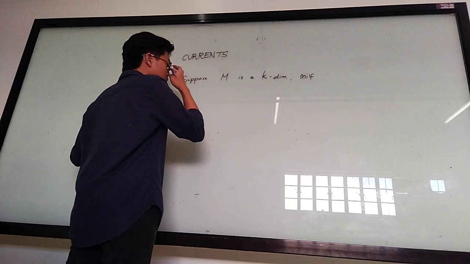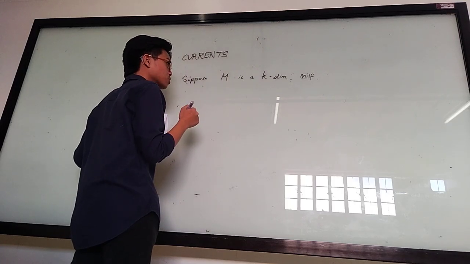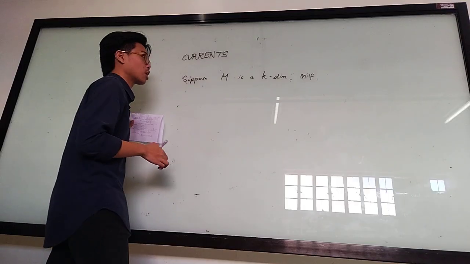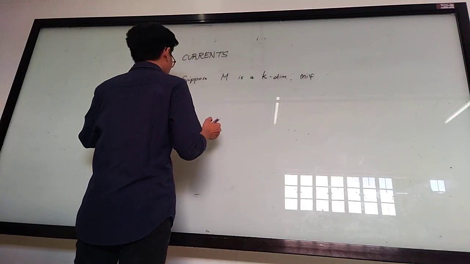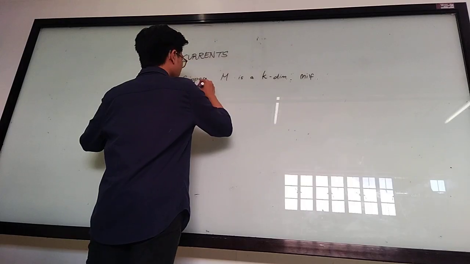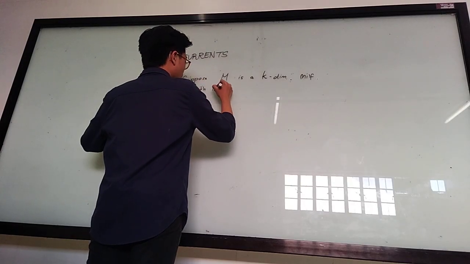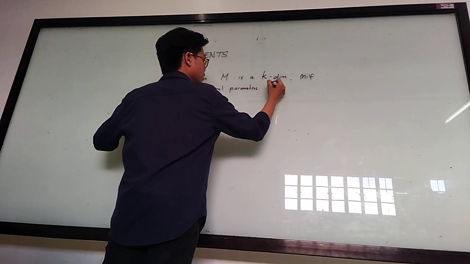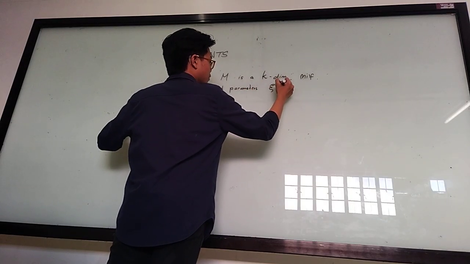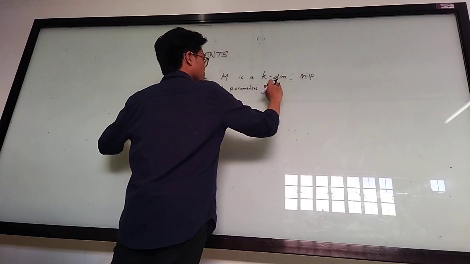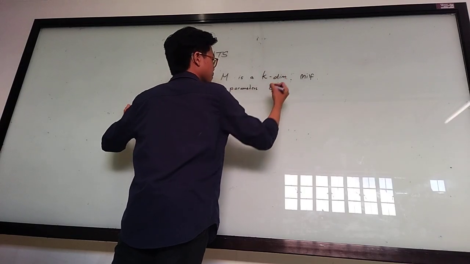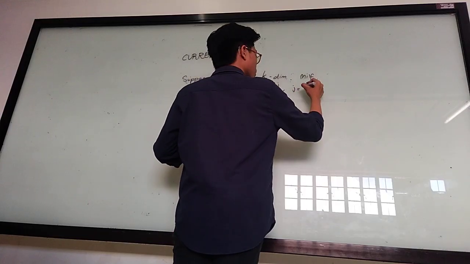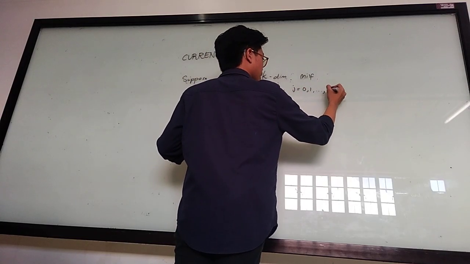So essentially, instead of only tau and sigma, we would have a set of local parameters psi j, for j to be 0, 1, up to k.